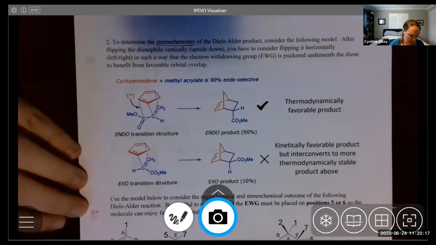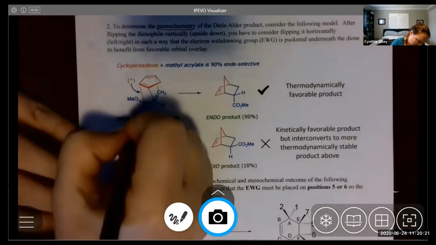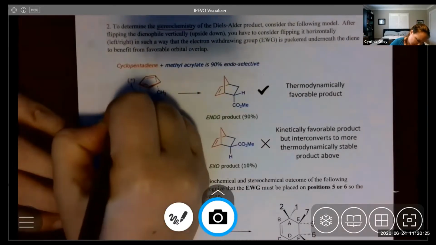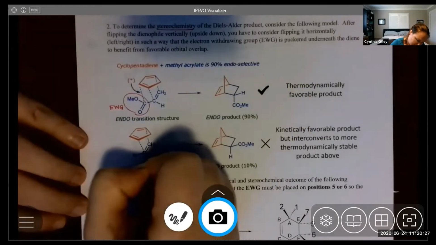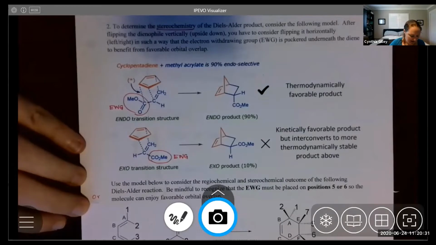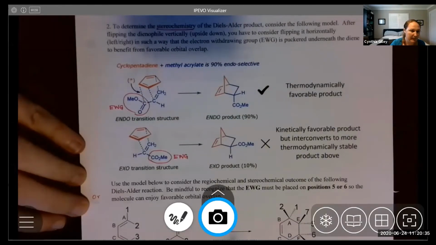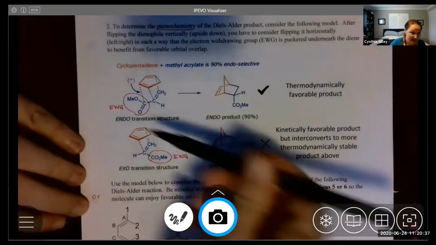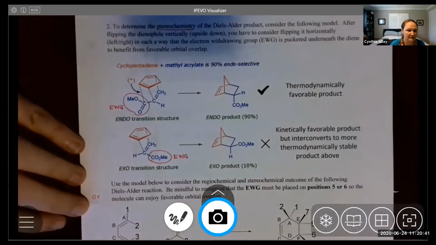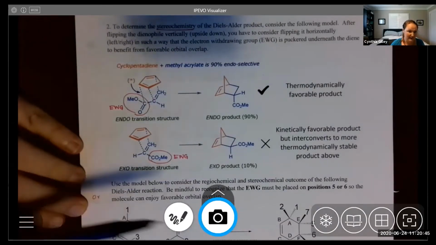But what we are going to talk about is that the electron withdrawing group, the EWG, attached to the dienophile will prefer what we call an endo position, which means that it's pointed in towards the diene, as opposed to pointed out and opposite the diene.